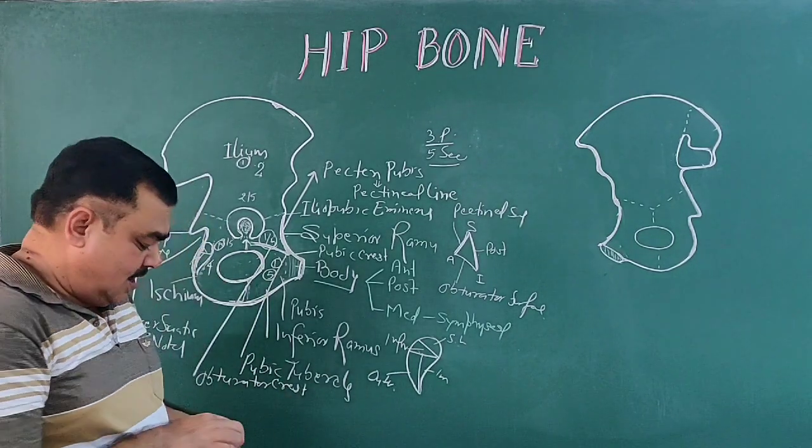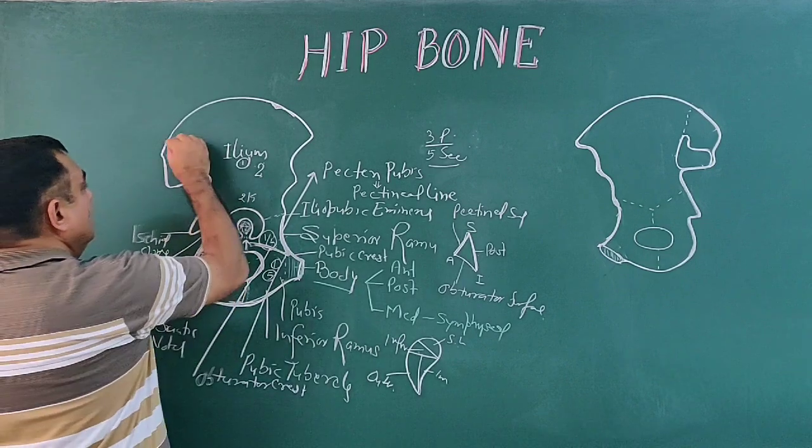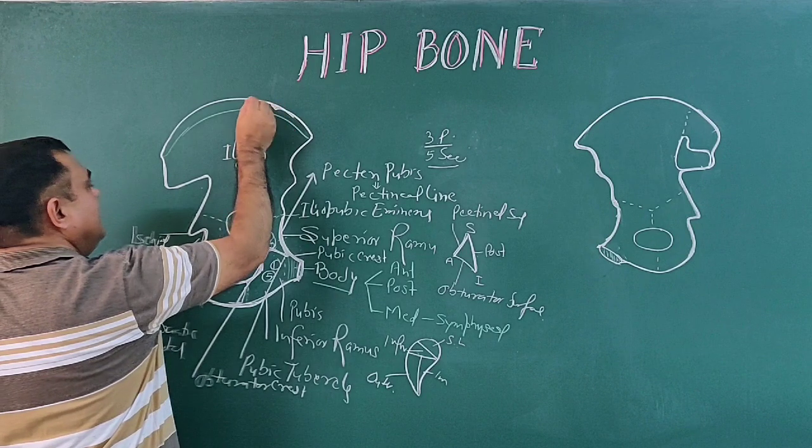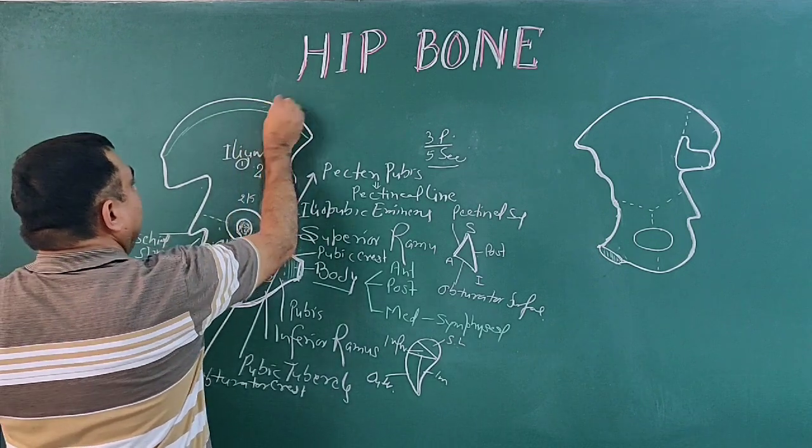Secondary centers appear for the iliac crest during puberty.